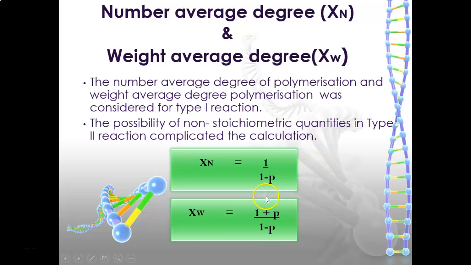Now we look at the number average degree, which is given by Xn, and the weight average degree, which is given by Xw. Xn is equal to 1 over 1 minus p and Xw is (1 + p) over (1 - p). So don't ask me why the equation is like this, because these are the rules of the equation created by the scientists before.